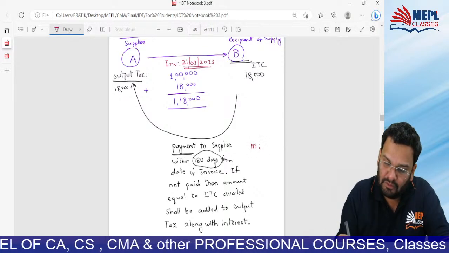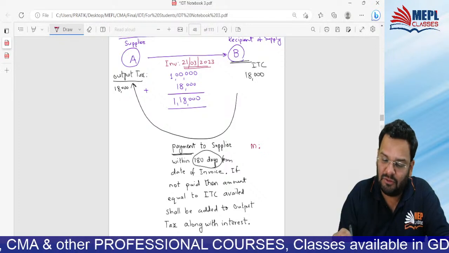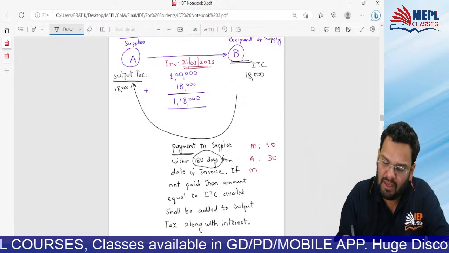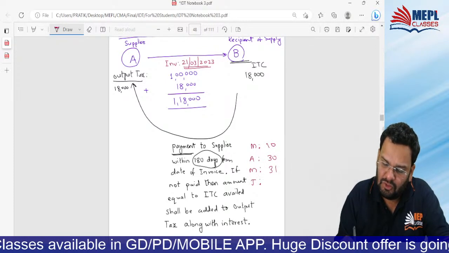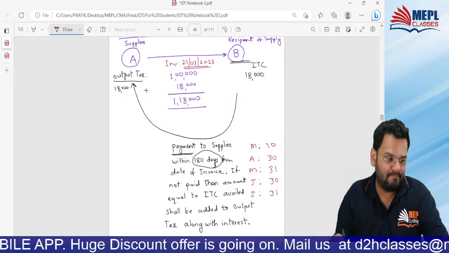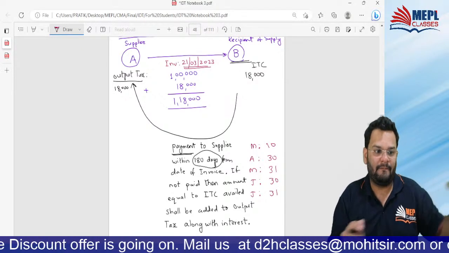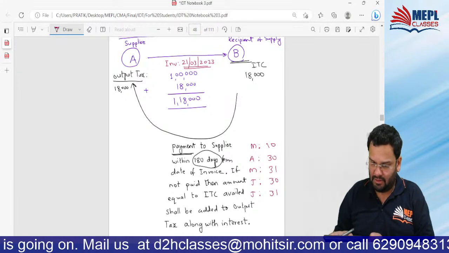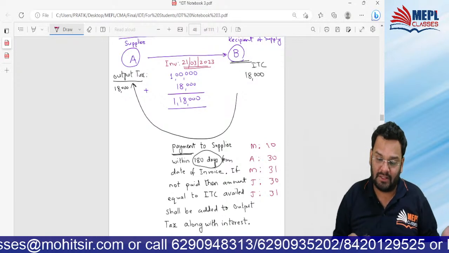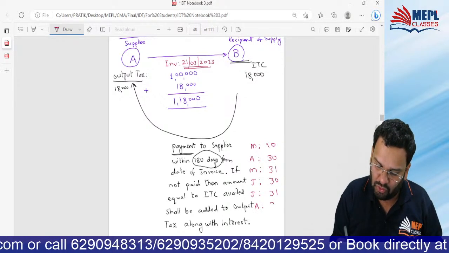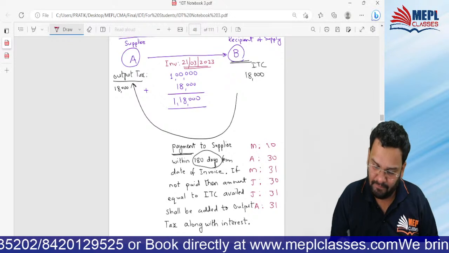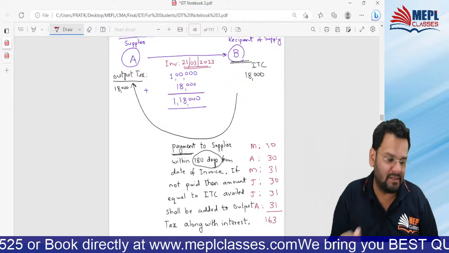March: 31 minus 21, March remaining days are 10, April 30, May 31, June 30, July 31. How many days are done? 10 plus 30 plus 31 plus 30 plus 31, 132 days are done. I will need August also, 31. Now 163 are done.